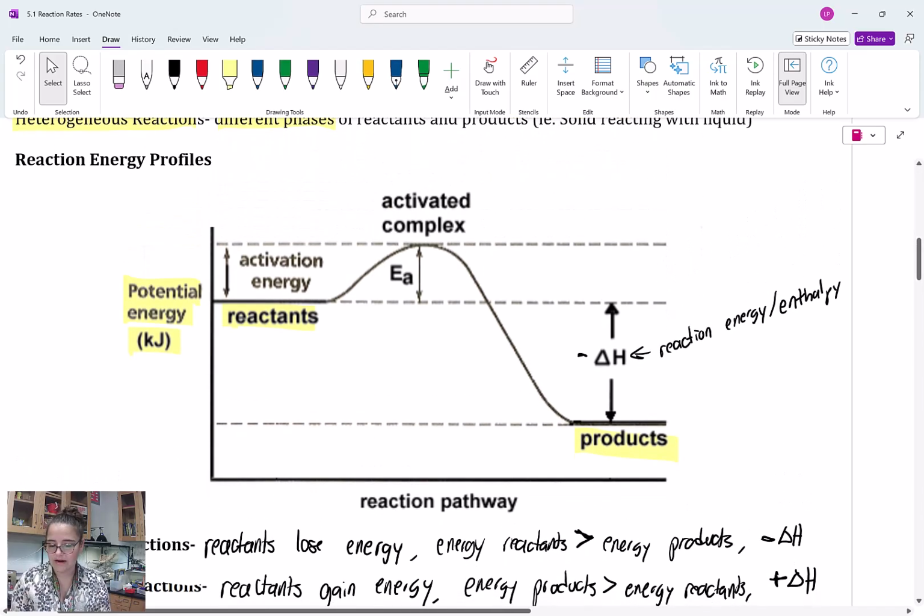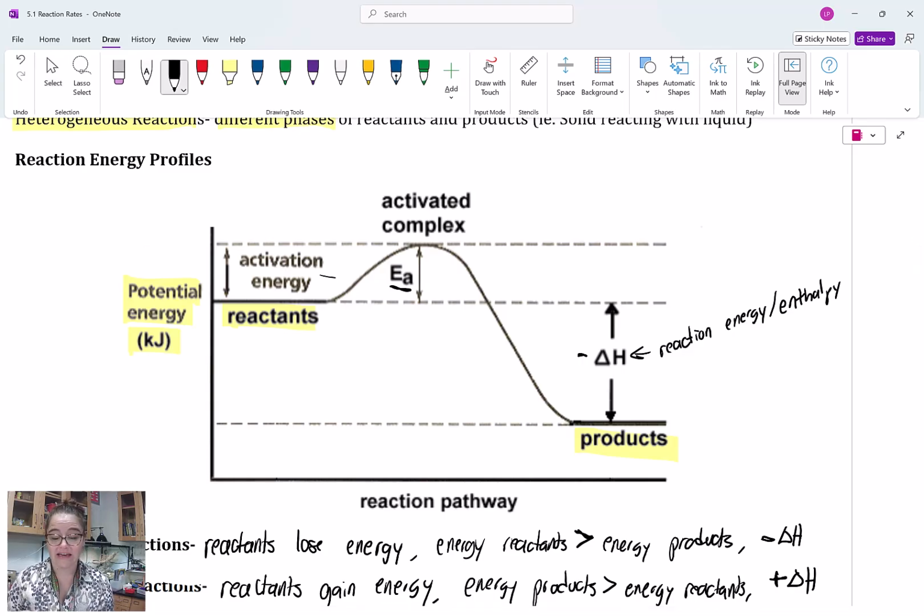Now, there's one other thing that we talk about in terms of these, which is the activation energy, EA. Okay, and that is defined as the energy needed to start a chemical reaction.